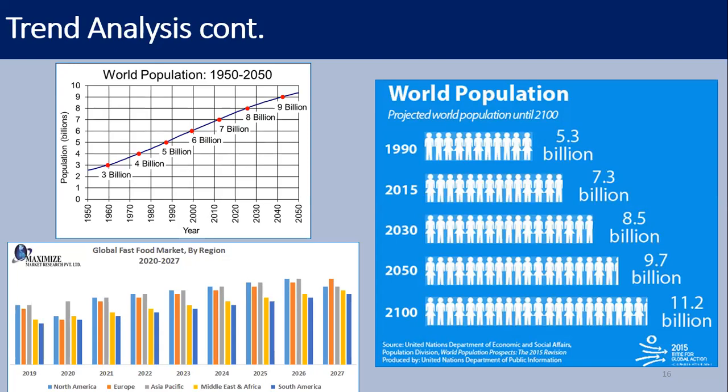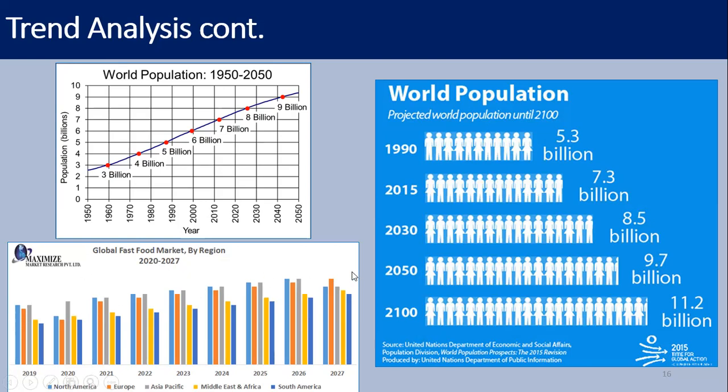What we have to do is analyze previous results and data, and analyze the factors related to those data. Statistically we can do it, and there are some examples: world population and global fast food market trend analysis from 2020 to 2027.